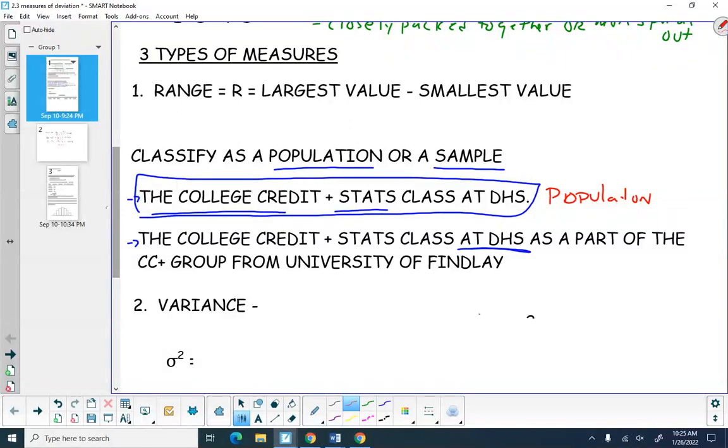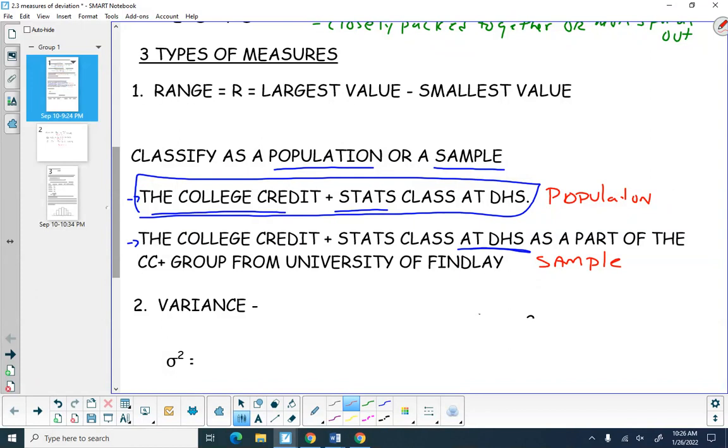Because down here, you are a part of an entire group. You're sort of a subset. You'd be a sample here. If we were just studying Down High School stats students, you're a population. But if I want to categorize and describe the entire population of University of Findlay's College Credit Plus stats class, you're now just a sample.